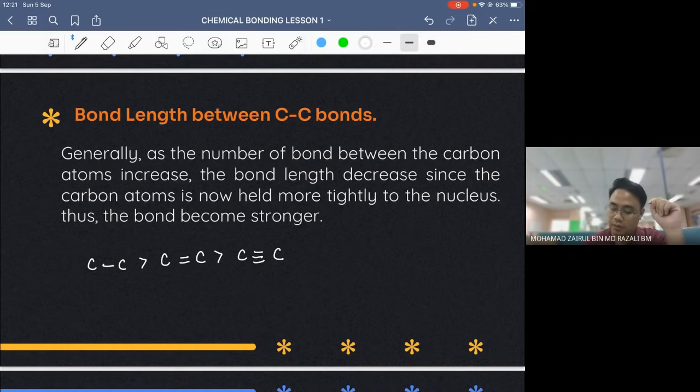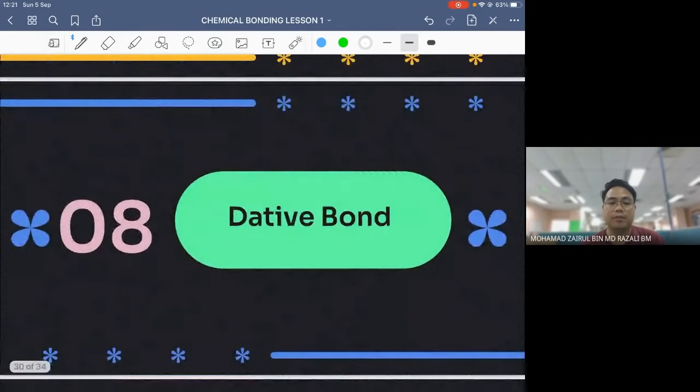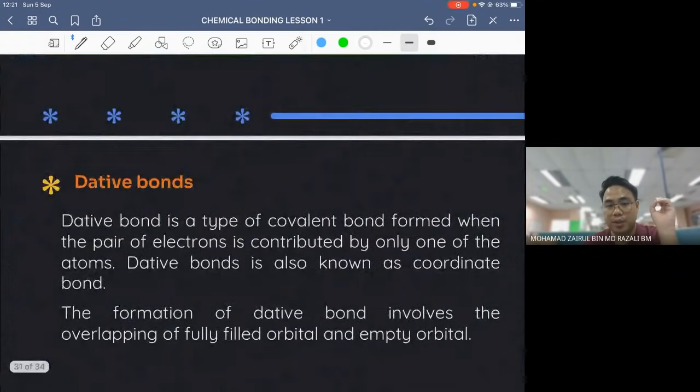Okay. So, the last type of bond that you're going to learn is the dative bond. Dative bond is almost similar to covalent bond. However, dative bond involves the overlapping of a fully filled orbital and an empty orbital.